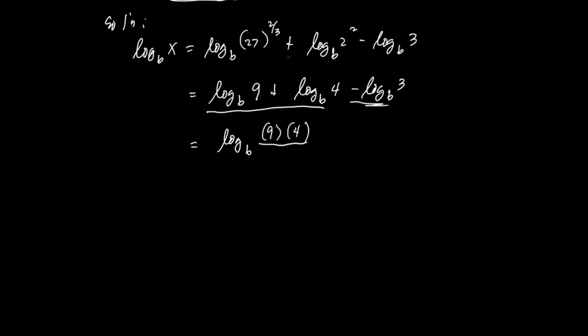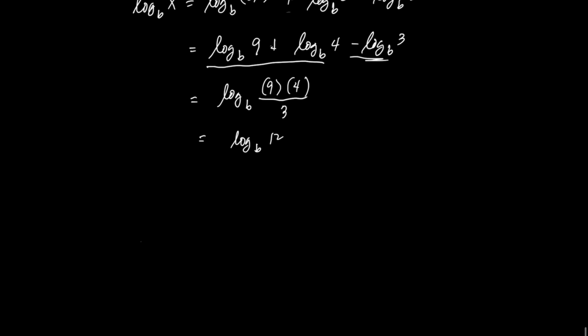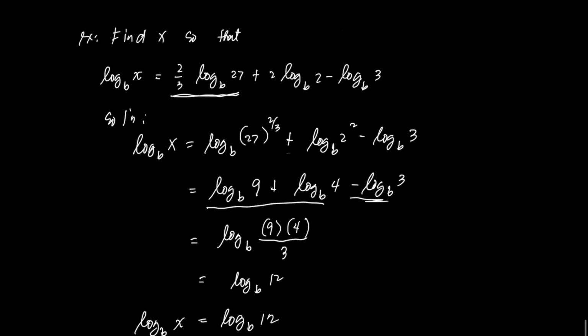So we have 36 over 3. So therefore, this one here is simply log to the base b of 12. So take note guys that log to the base b of x is equal to log to the base b of 12.